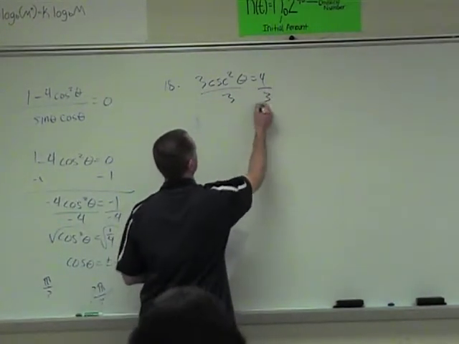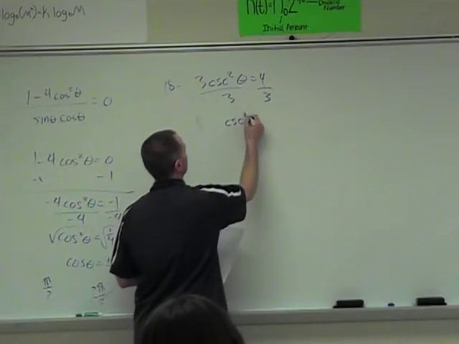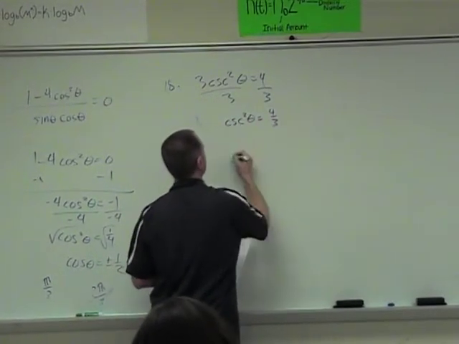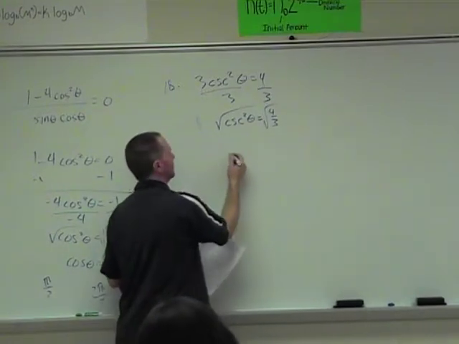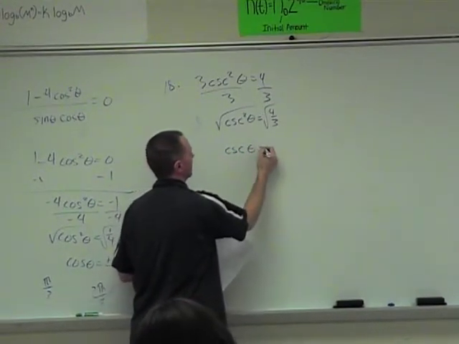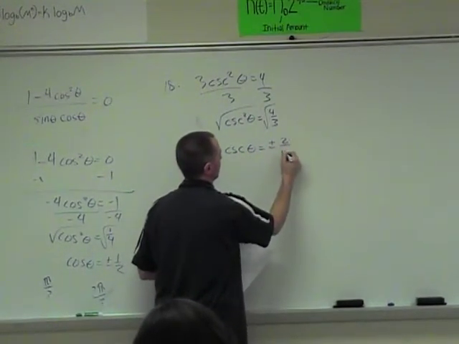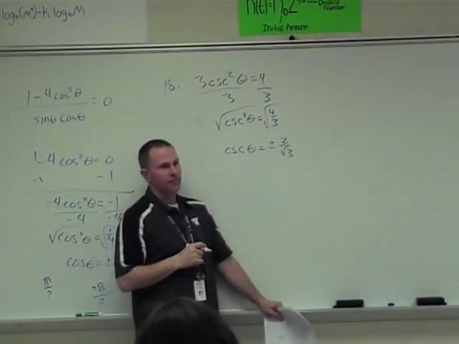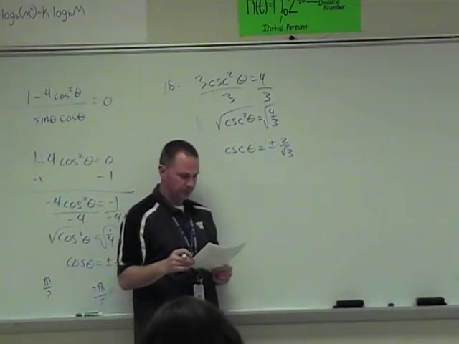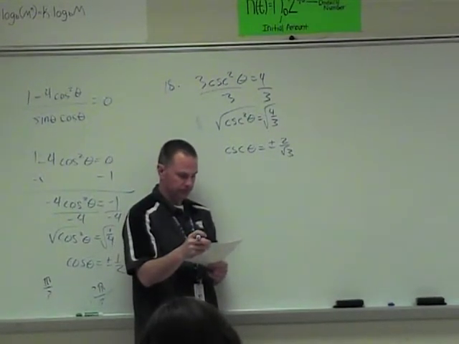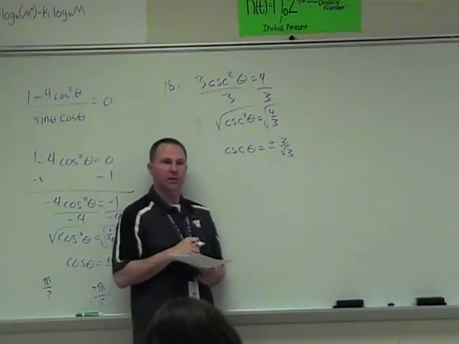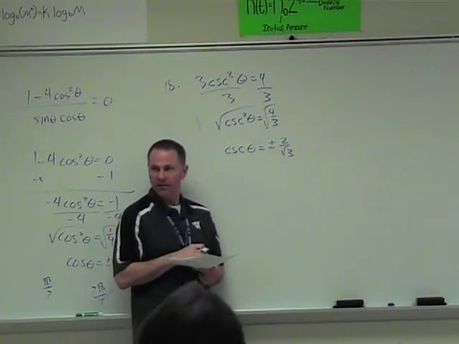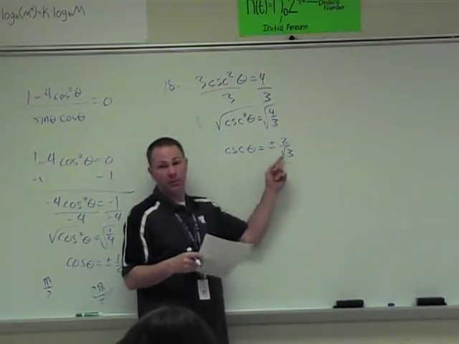Divide off the 3. So cosecant squared of theta equals 4/3. Take the square root. Cosecant of theta equals plus or minus 2 over radical 3. Good so far? What is another way of writing cosecant? Because it'd be great if that was radical 3 over 2.